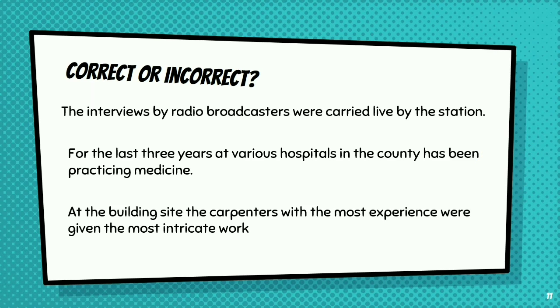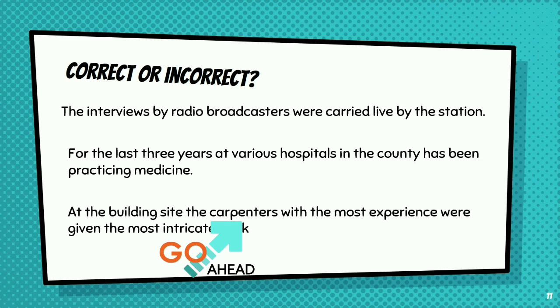Number 3. At the building site, the carpenters with the most experience were given the most intricate work. That sentence, please analyze it. Is there any subject? Yes, there is a subject. The carpenter is the subject. Do not get into the trap because of the building.